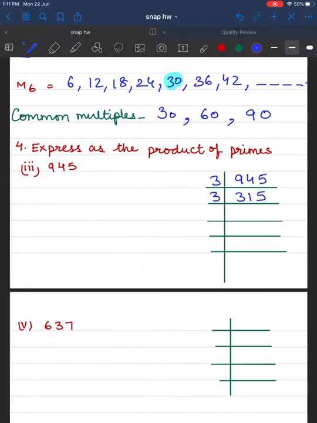Again it will be divisible by 3, and we will get 3 1s are 3, then 0, then 3 5s are 15. Again it will be divisible by 3. So here we have 35. Then 5 7s are 35, then 7 1s are 7. So 945 is equal to 3 into 3 into 3 into 5 into 7.